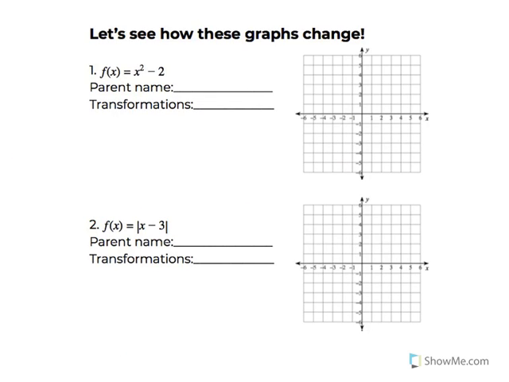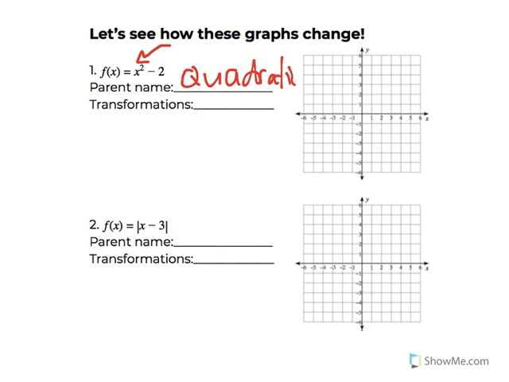So that was our last parent function. Now we're going to look at a couple examples. First one, f of x, which is the same thing as y, equals x squared minus 2. Because it's got x squared, or x to the second, it is a quadratic. That's the name.